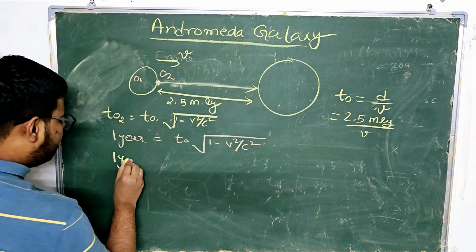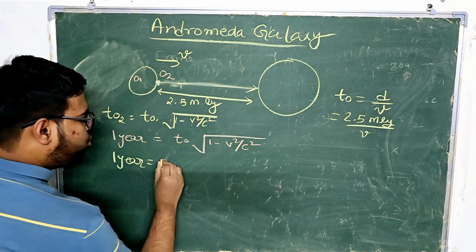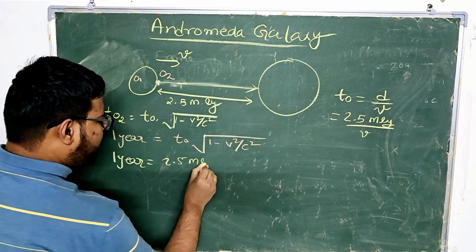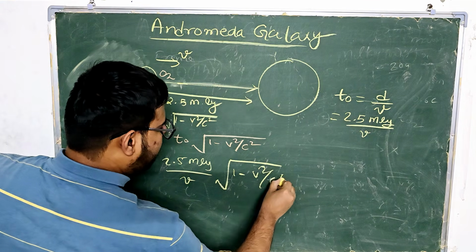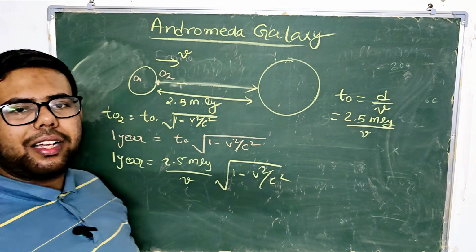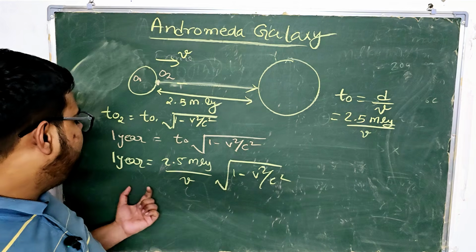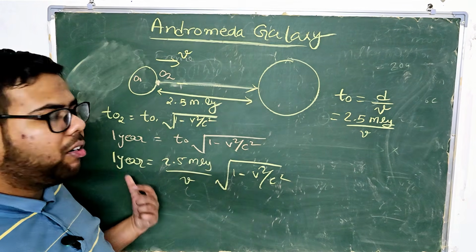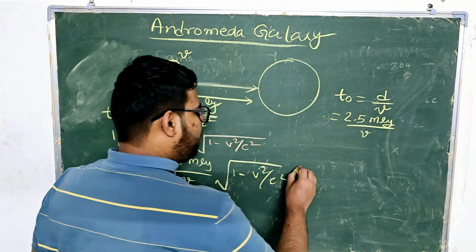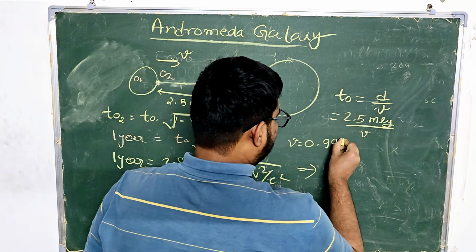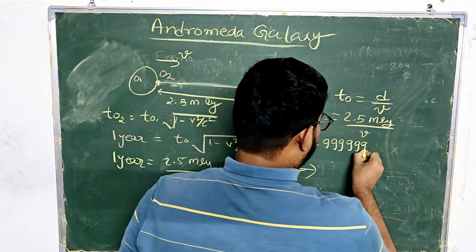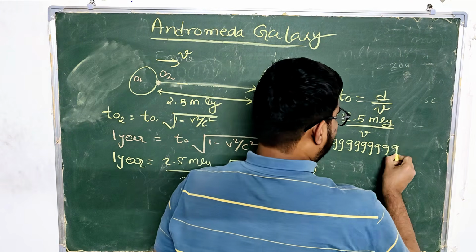So 1 year is 2.5 million light years divided by velocity, times root of 1 minus v square by c square. Now you have to calculate the velocity. How will you calculate the velocity? Well, when I calculated the velocity for this, I got a velocity of around 0.99999999999 c.